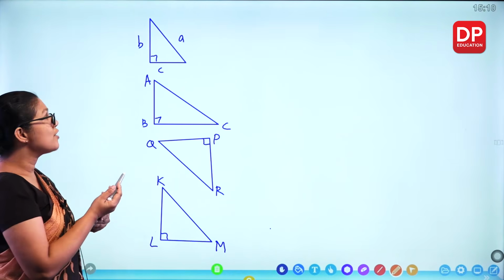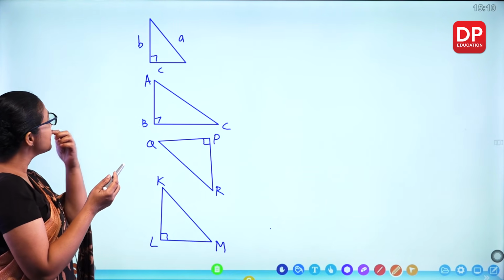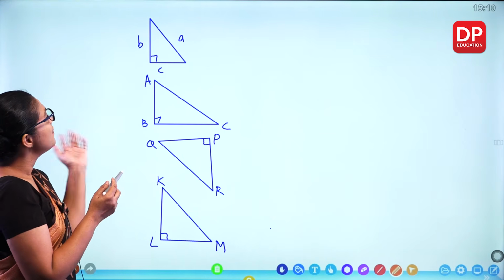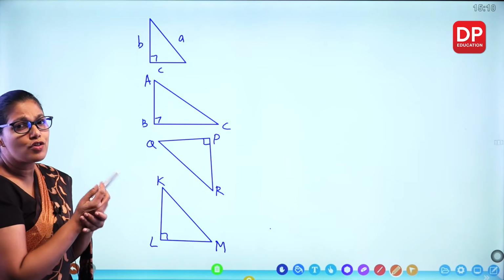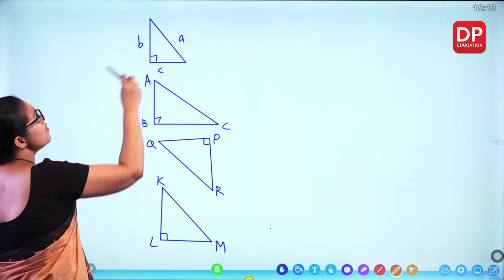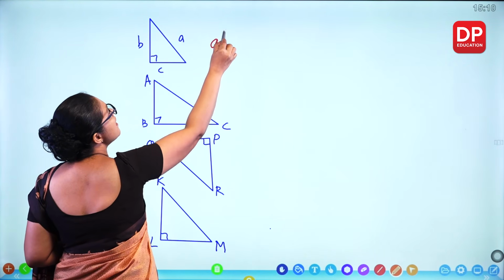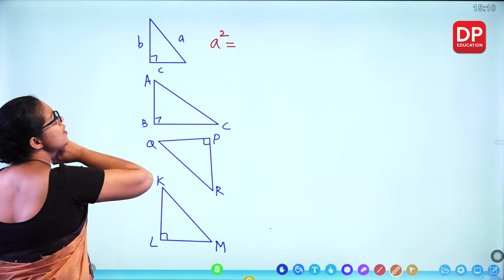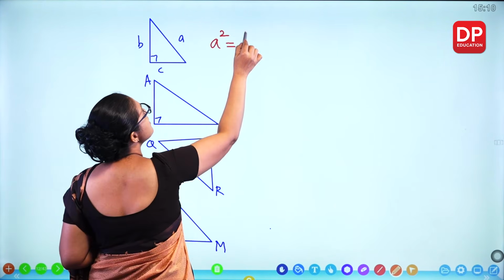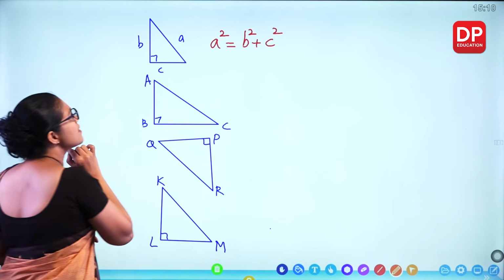Now we'll try to write down the relationship between Pythagoras theorem with these sides. This is a right angle triangle, so you can apply Pythagoras theorem. What's the hypotenuse? A, opposite to 90. So we can write square of the hypotenuse is equal to the sum of squares of the other sides.